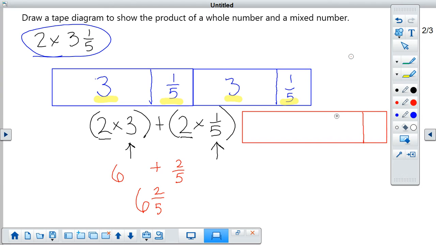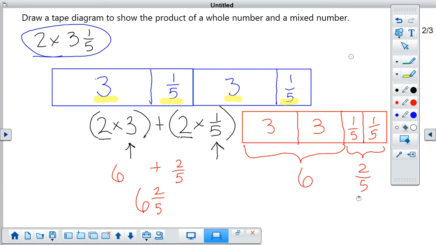I would have my 1/5 grouped together over on the side. And then I would have my 3s on the other side. So still I have two groups of 3 and two groups of 1/5. Combine those together, it would equal your 6. Combine those together, it equals 2/5. And I end up with my 6 2/5.